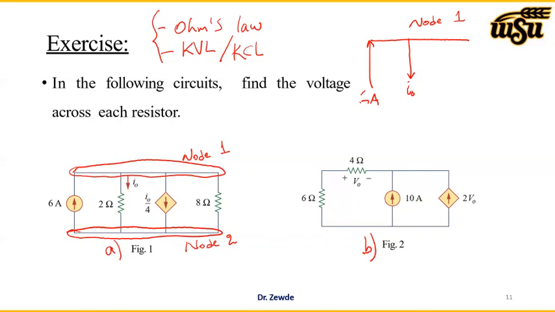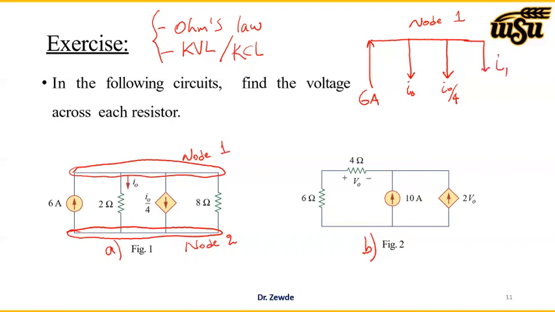We have another component which is again leaving. That's a dependent current, it's I0 over 4. And we have the fourth component on the other side. Let me assume that is also leaving. Let me say that is I1.